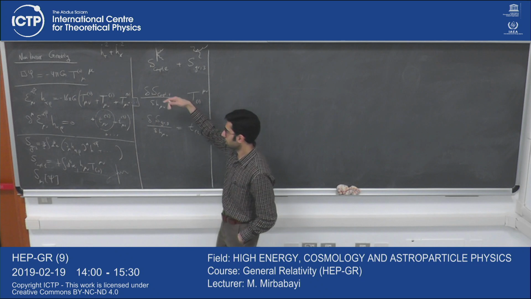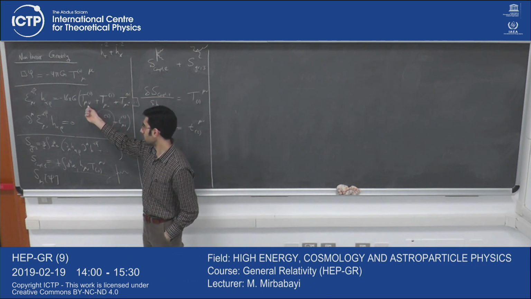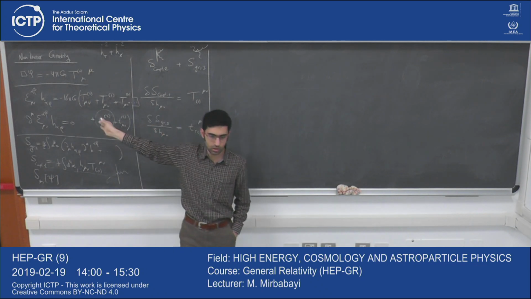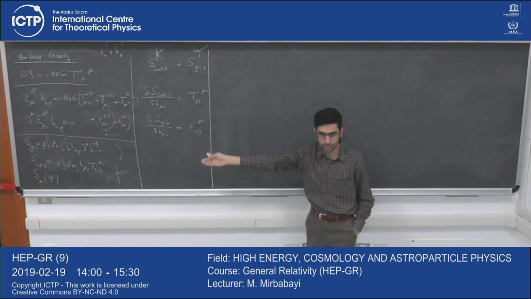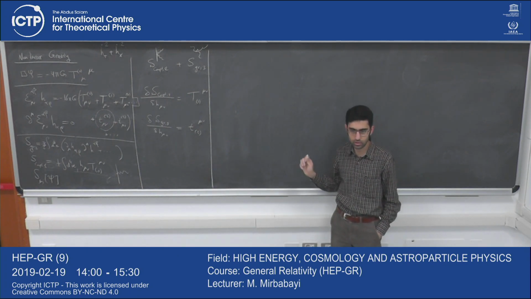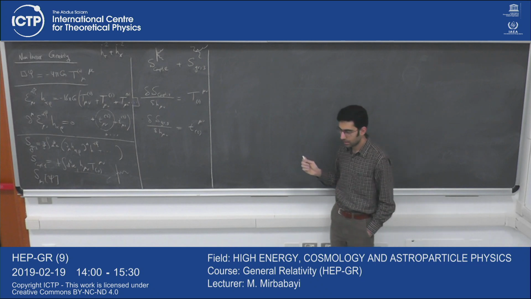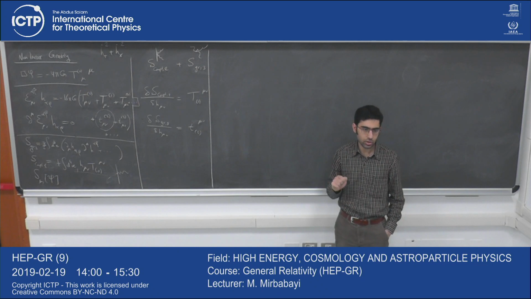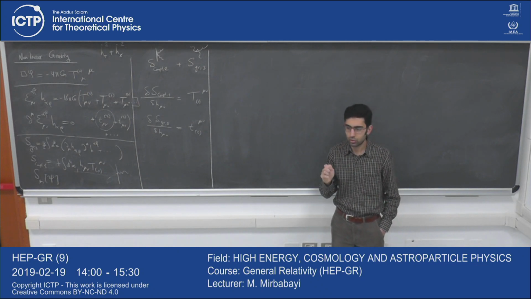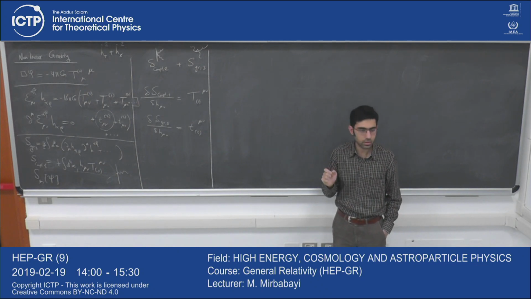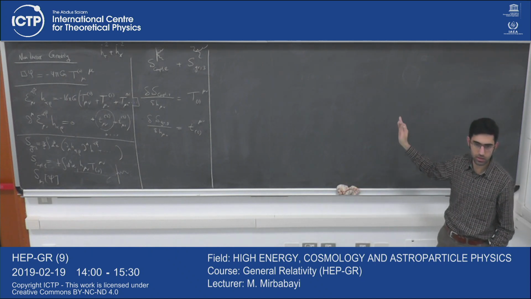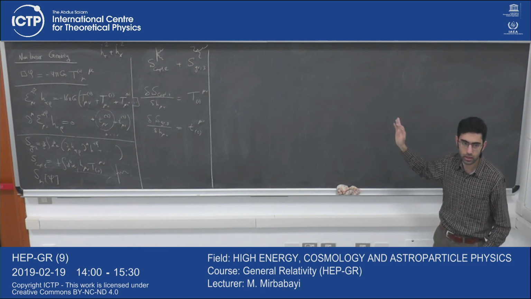And then the source that we put here was the T mu nu, the stress energy tensor. So we said that we need a conserved current, and the candidate that we have for this conserved current is the energy momentum tensor, which is the Noether current associated to the space-time translations.